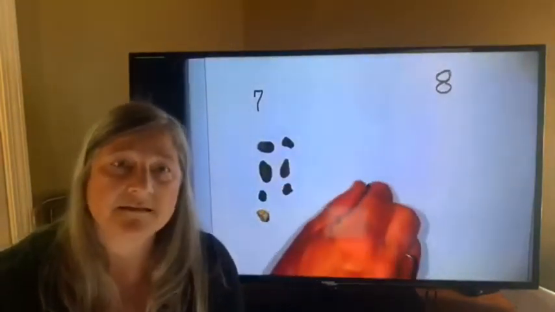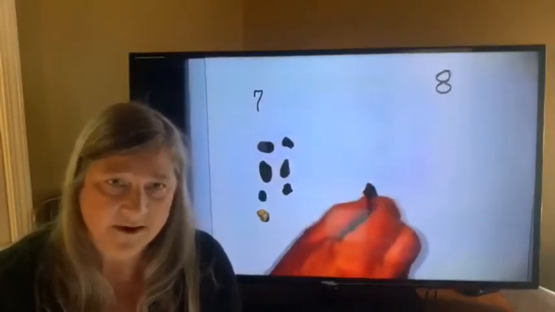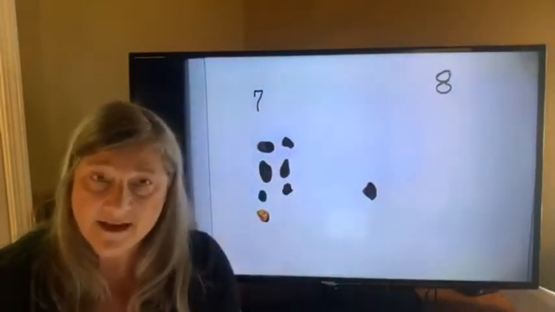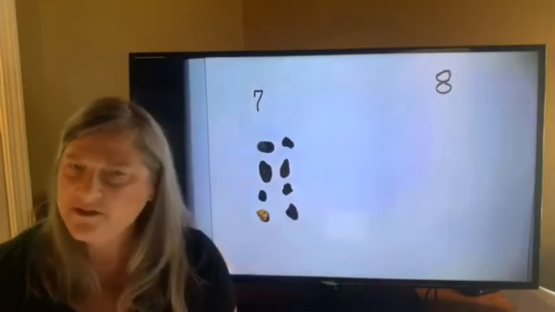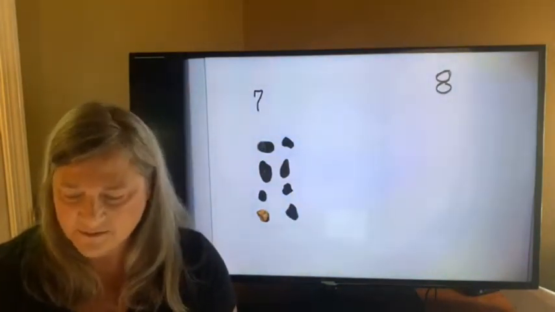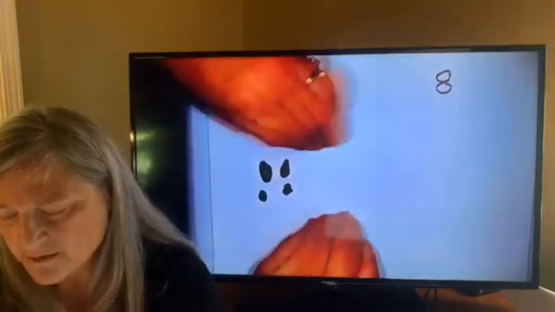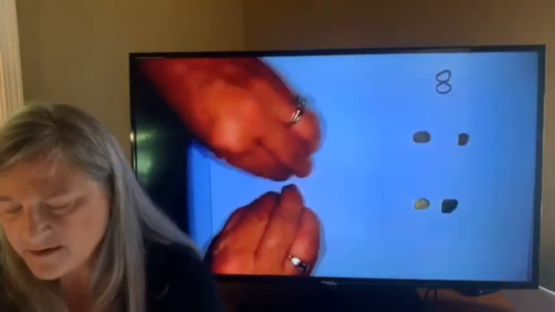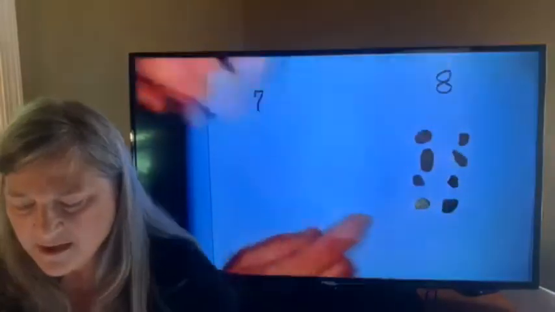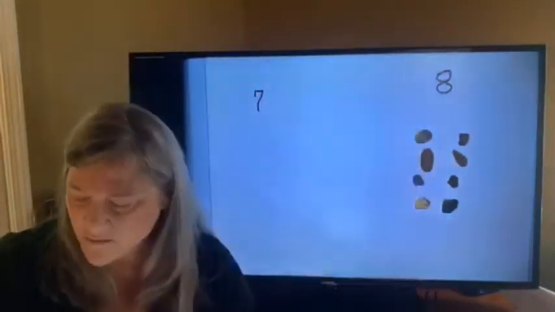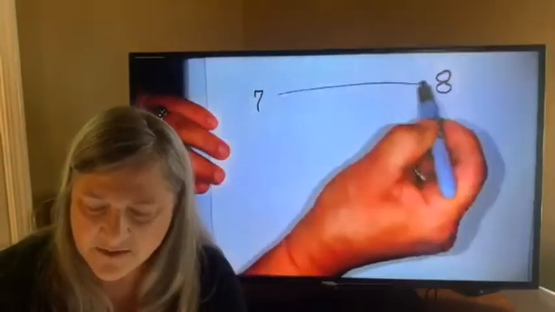That's a complex, abstract task for a kindergartner. So if they do that, hallelujah. But don't be too bummed out if your child doesn't do that right now. But one of the things that this critical area means is that they know that now 7 and 1 more gets us to 8.